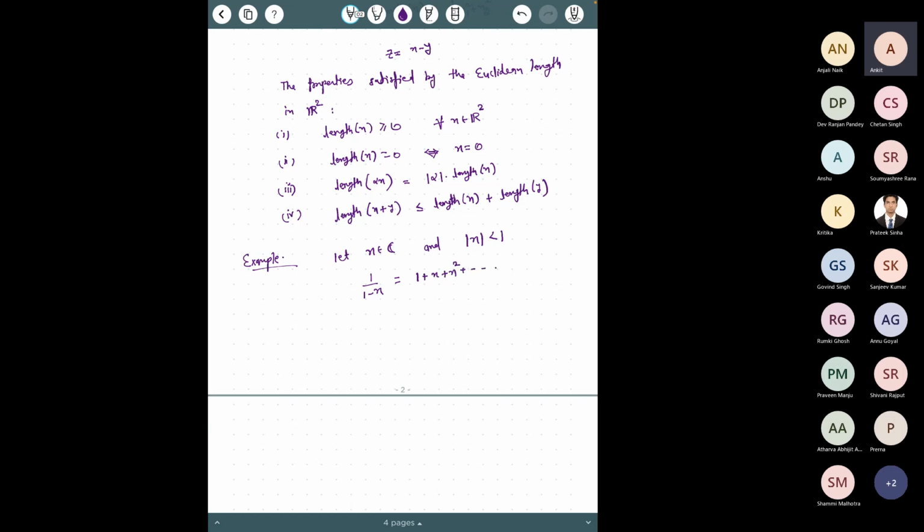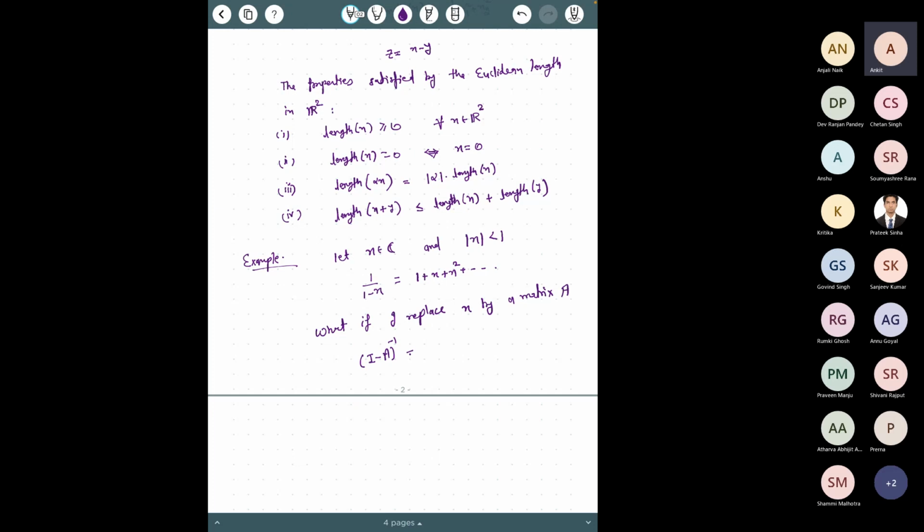So now, what if I replace x by a matrix A? Then 1 upon 1 minus x would be (I minus A) inverse. This is the appropriate notation when I want to write it in terms of matrices.